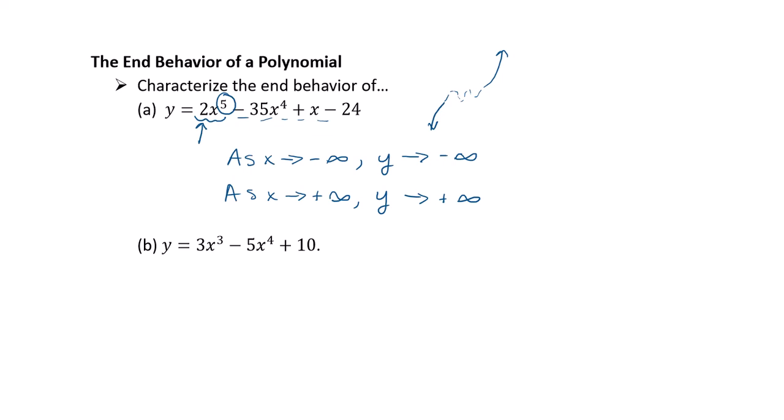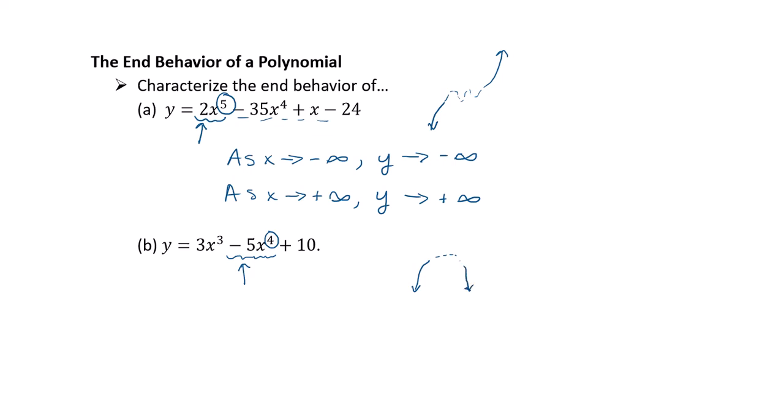For the next function, we have to be careful to be looking at the leading term as being the term that has the highest power. So we're looking at negative 5x to the fourth. We have a negative coefficient and an even power. So the end behavior is going to be something like this.